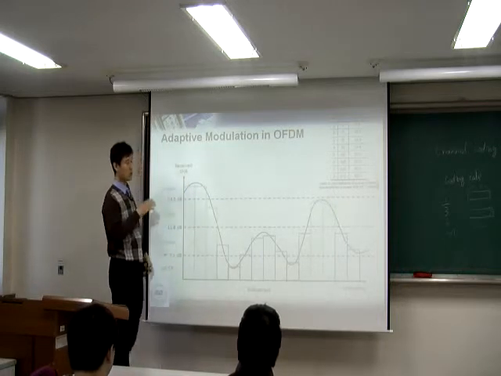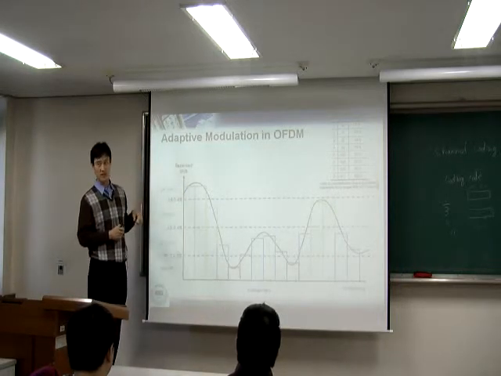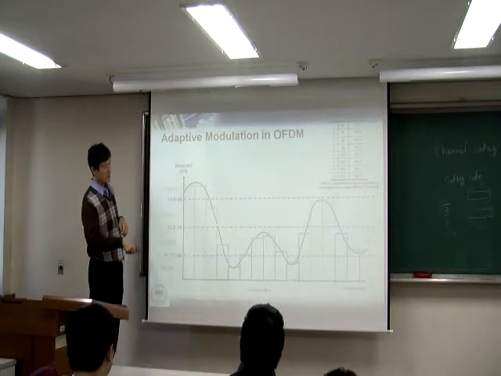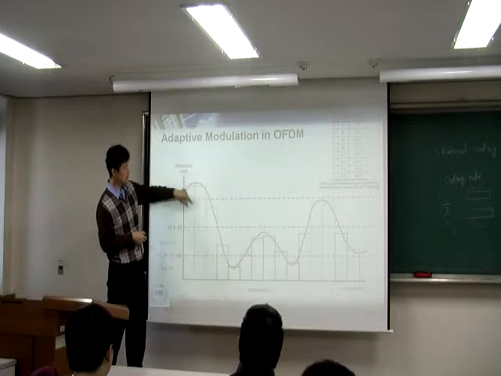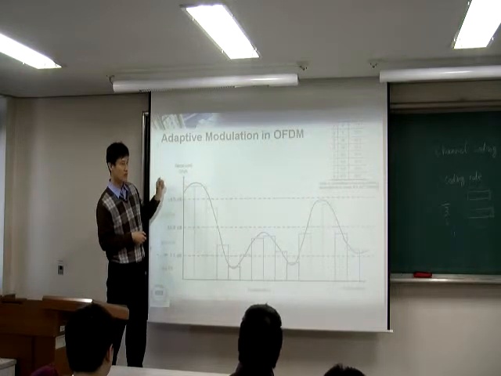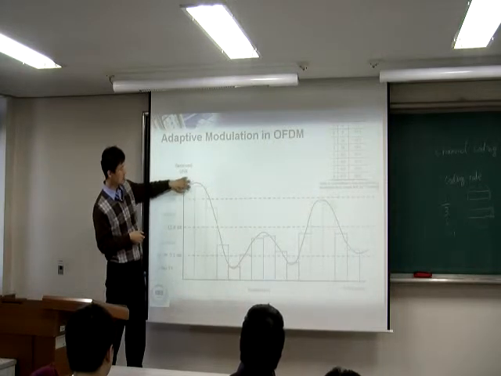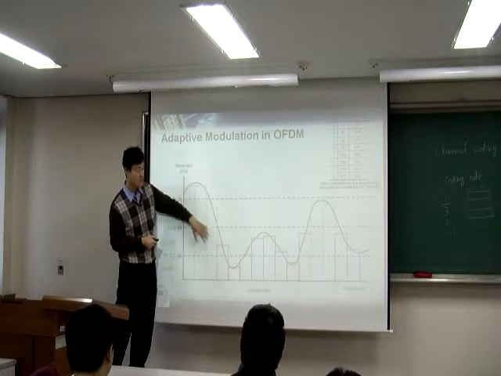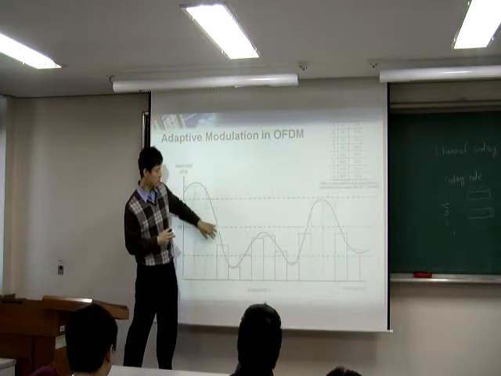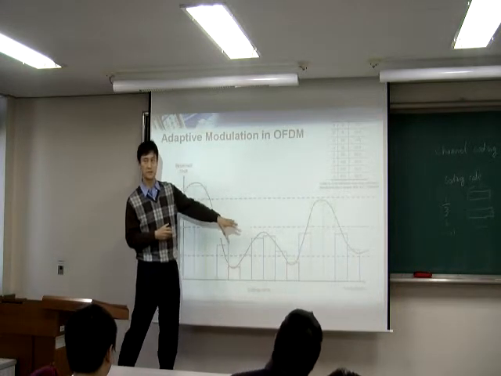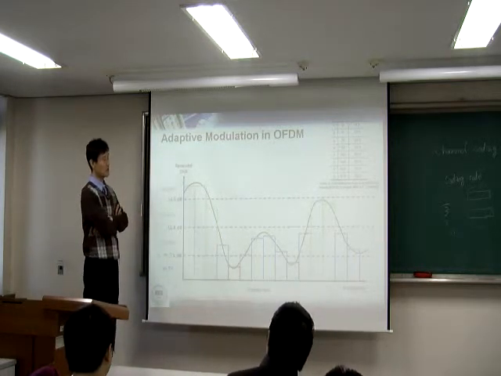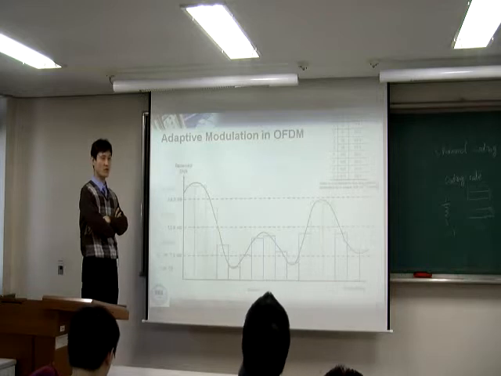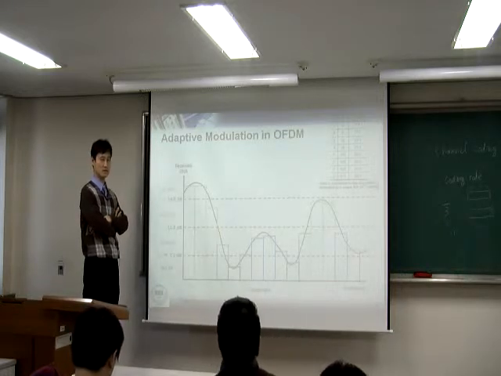But you can do the same thing for frequency. In OFDM, you basically use each subcarrier as your container, as a carrier. Therefore, each subcarrier is independent. You can use a different modulation for each subcarrier. That is the fundamental reason why OFDM is so popular.